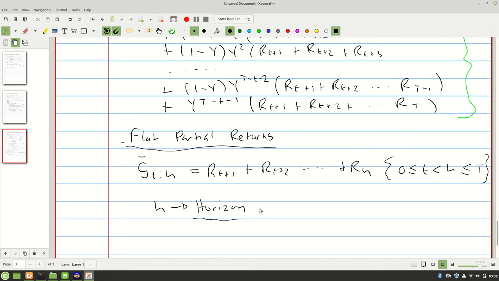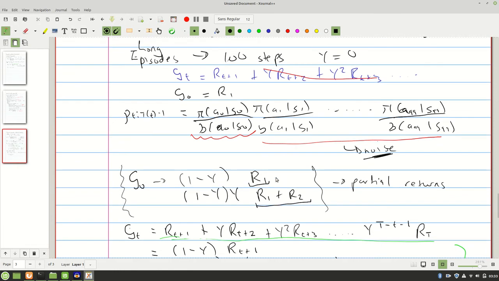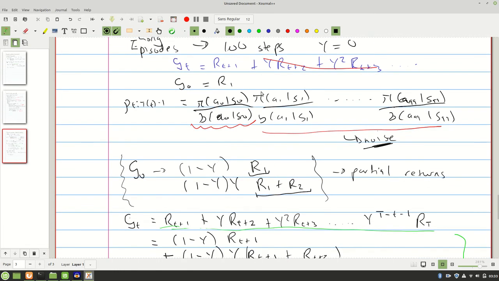We're looking at the horizon because, like we saw in that simple example, h here would be equal to 1, because when gamma is equal to 0, we don't care about those future returns, and we only care about the return in the initial time step.